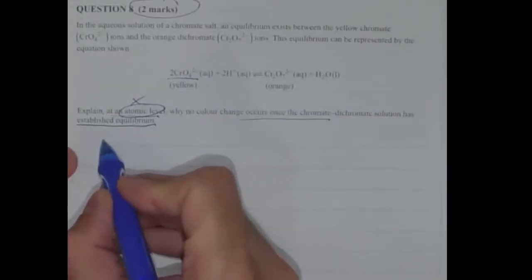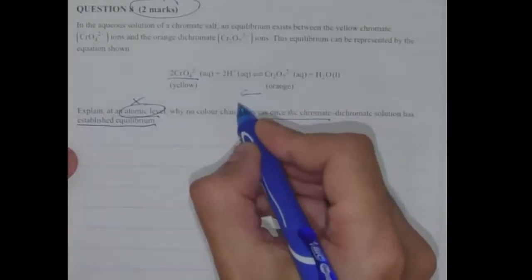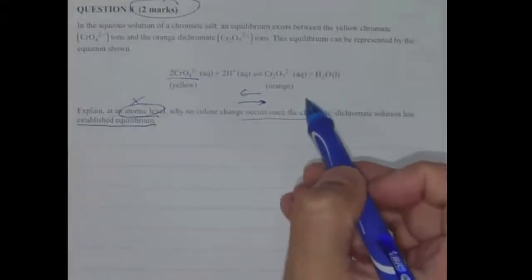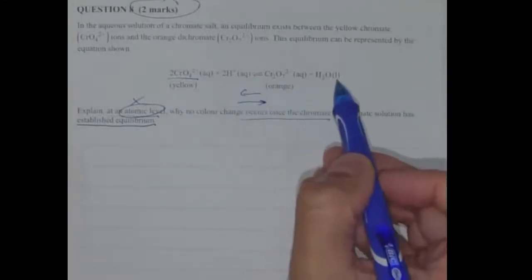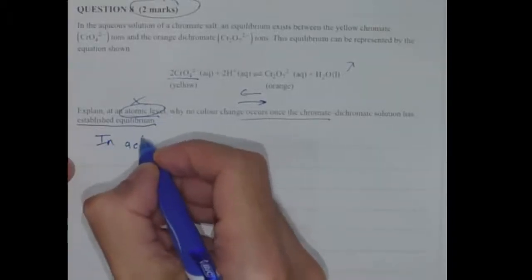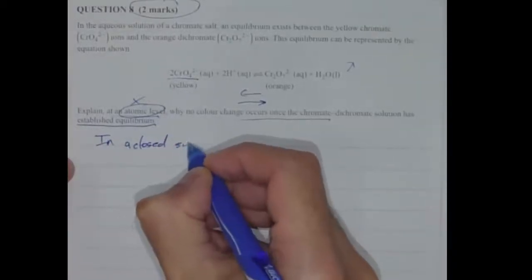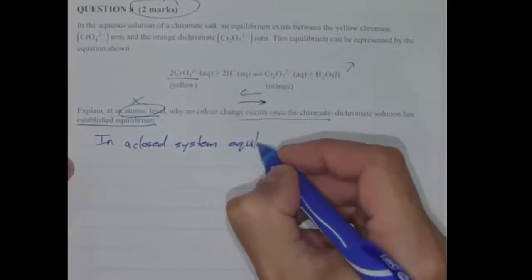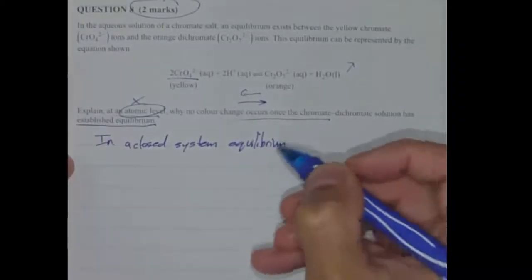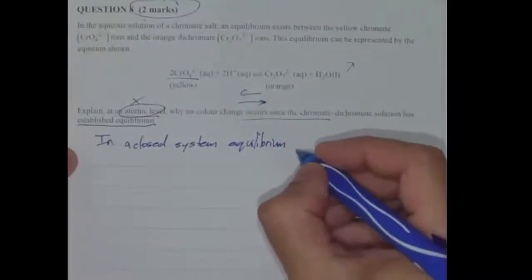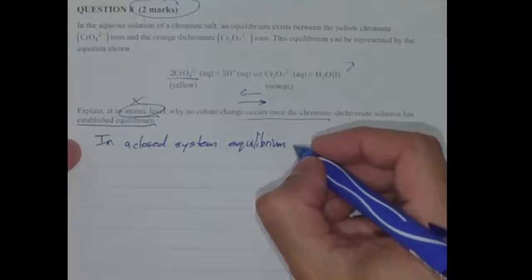Anyway, what are we doing here? So the forward and reverse reactions. State the obvious. It's a closed system, so this is not coming off. In a closed system, so none of the equilibrium can be established. This is God mode, guys. We've got to try and just state the obvious, because one of these marks might be something that's not in the question. As you can see already, if you've made it this far, congratulations.